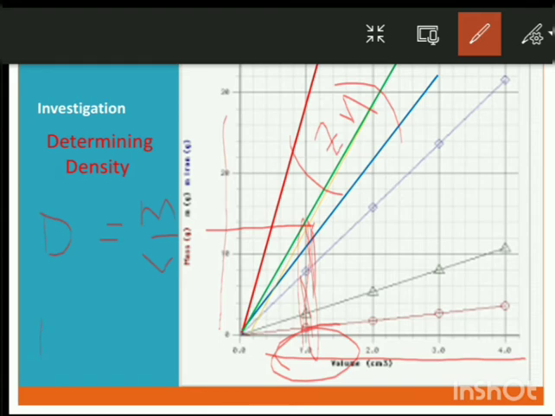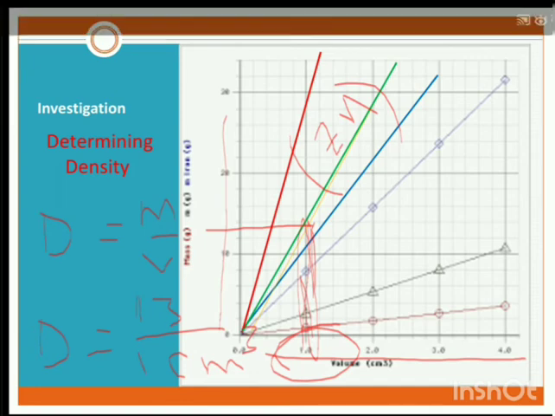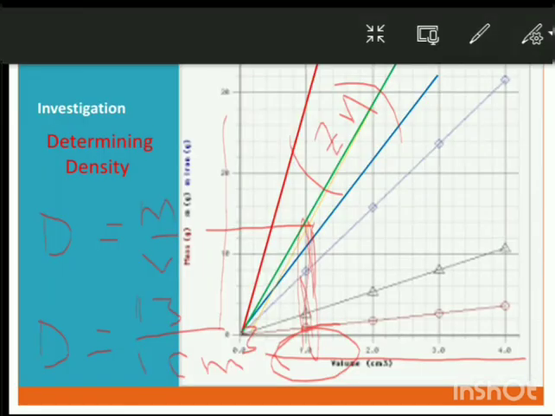So the density is, I have 13 gram over 1 centimeter cubic. So the density for zinc is 13 gram over centimeter cubic.